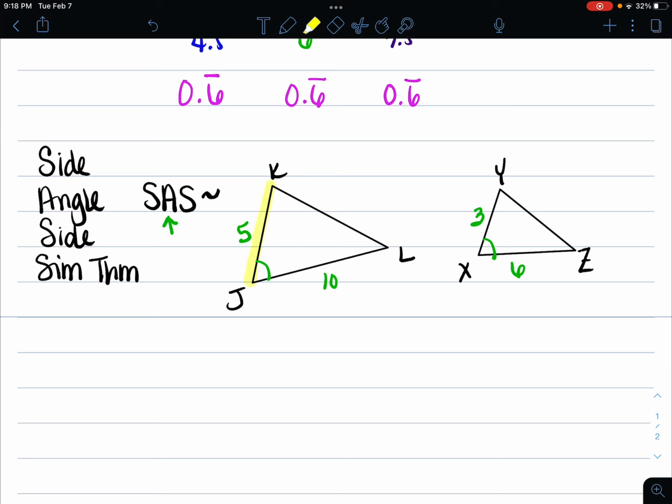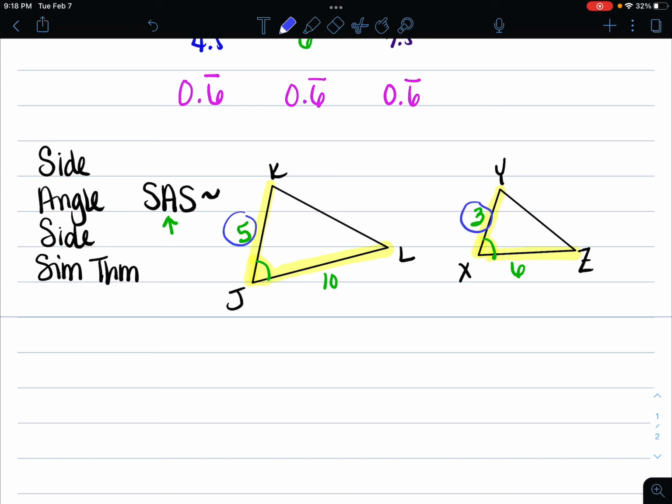And that's what I have in this problem. If you look, I have a side, the angle in between, and the side for both of them, right? The only difference is I now have to go one extra step to show that those numbers are proportional, just like I did back on the last example.